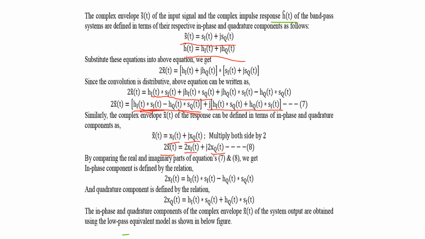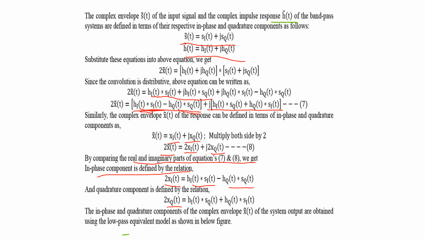Next, comparing the real and imaginary parts of equations 7 and 8, we can write the in phase component as 2 into xi of t equal to hi of t convolved with si of t minus hq of t convolved with sq of t.